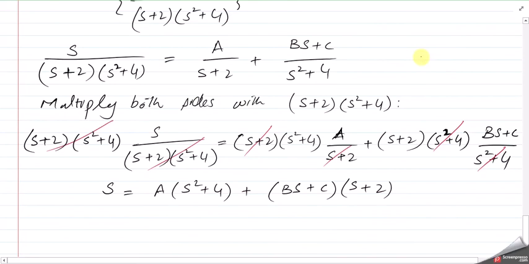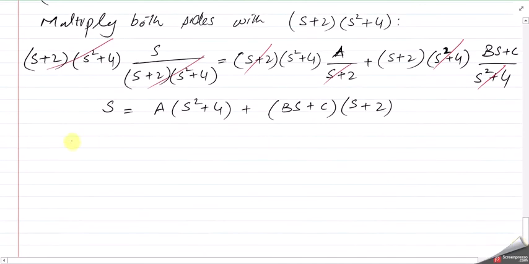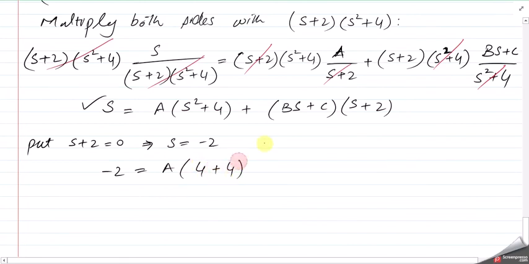So what we will do is we'll put it equal to 0. So put s plus 2 equals 0. That gives s equals minus 2. So minus 2 here, minus 2 equals a times minus 2 square, which will be plus 4, plus bs plus c times s plus 2, where s is minus 2 plus 2.